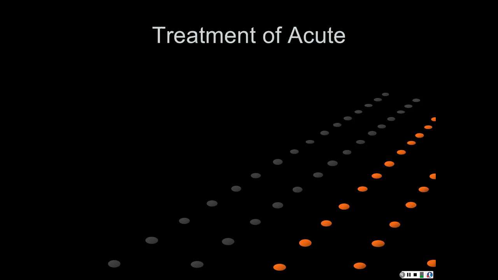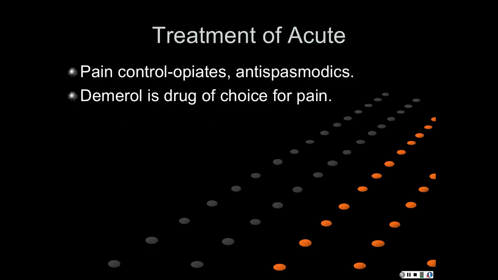Treatment of acute: pain control with opiates and antispasmodics, because just like when we're talking about kidney stones, once there's an obstruction, the bile ducts are going to try and increase peristalsis to push the stone through. Demerol is the drug of choice for pain.